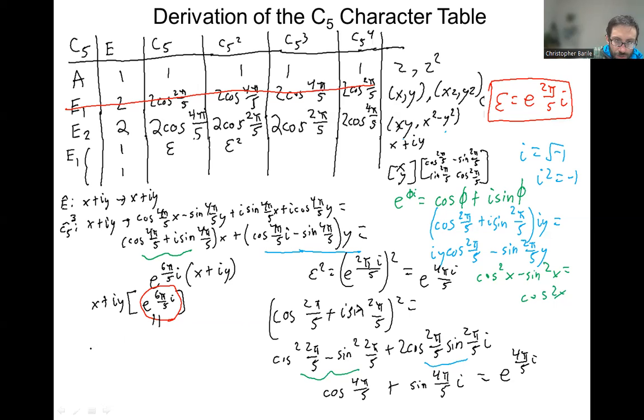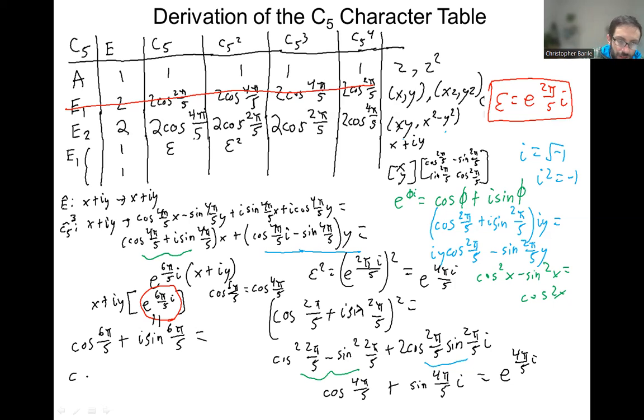And if we want to get that into something looking nice, what will that equal? Well, again, we use Euler's formula. So that's going to equal cosine 6 pi over 5 plus I sine 6 pi over 5. And I went over this in the last video, in part 1 of this series on the C5 derivation: cosine 6 pi over 5 equals cosine 4 pi over 5.